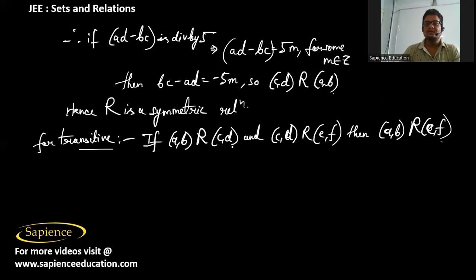Now we have to check if it is true or not, for all A, B, C, D, E, F belongs to Z.